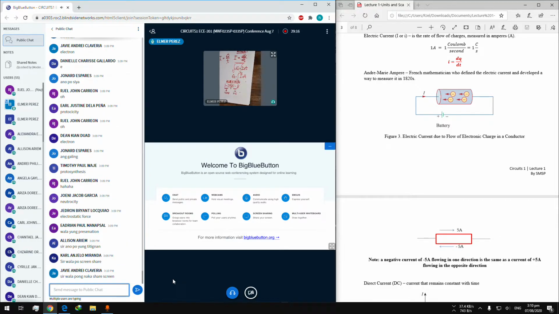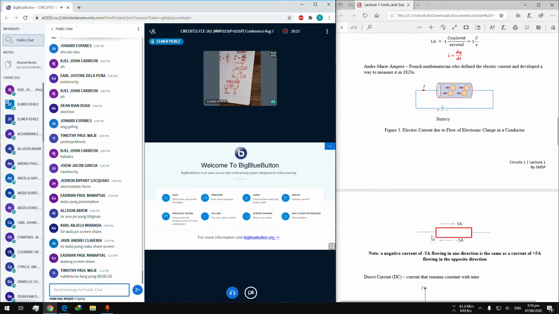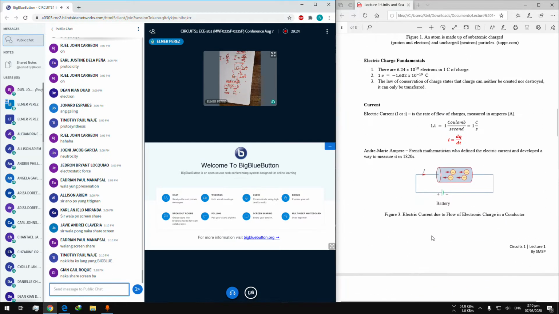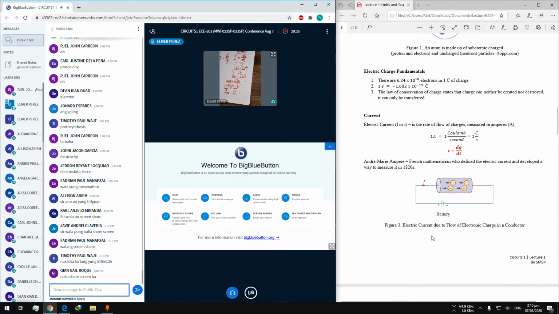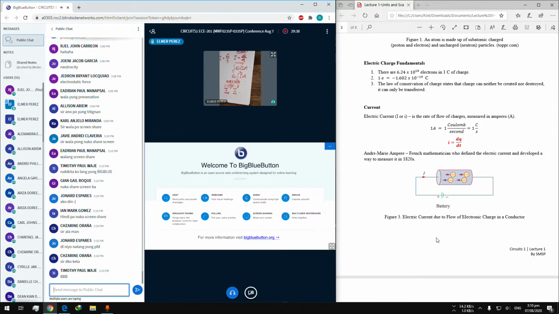Since mas mataas ang mass ng neutron at proton, kaya sila nagstay sa gitna because merong gravitational force between them. Masyadong mababa ang mass ng electron compared to proton, kaya mahina ang force papunta sa mga electron. Kaya siya freely na nag-move around the atom.